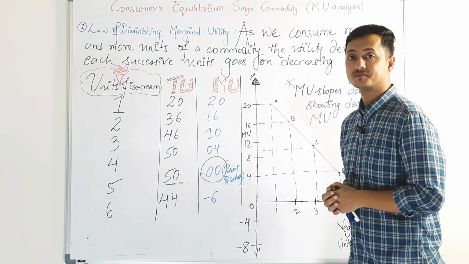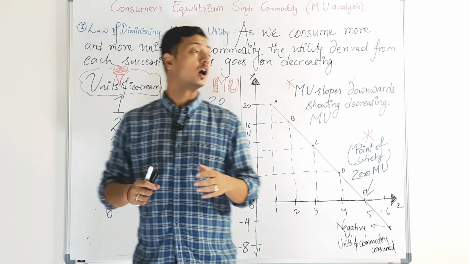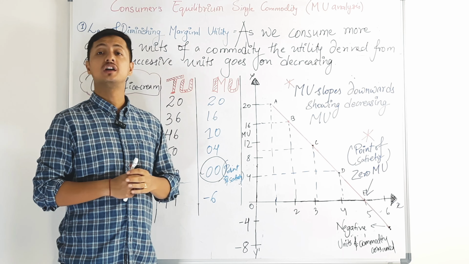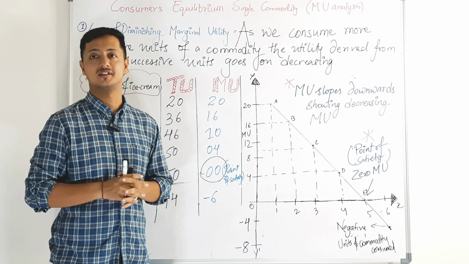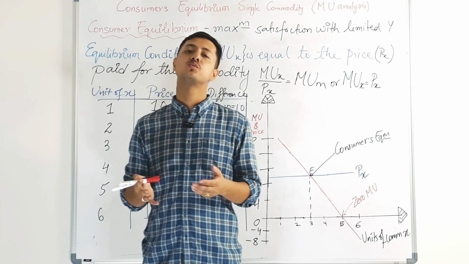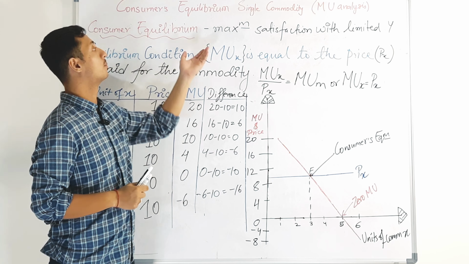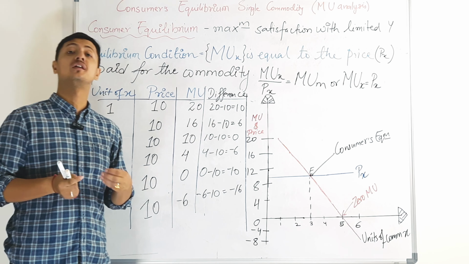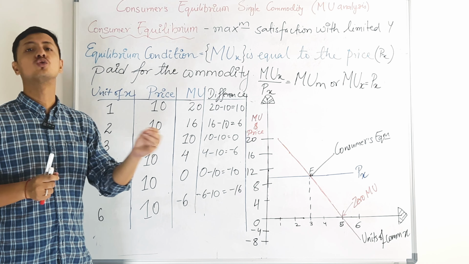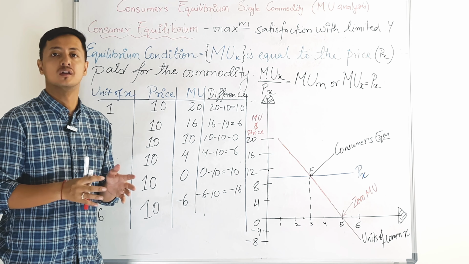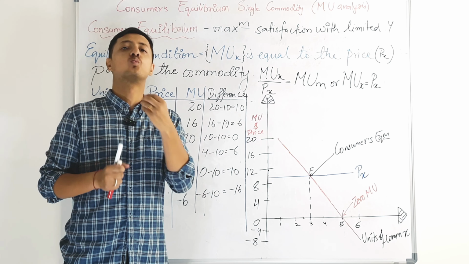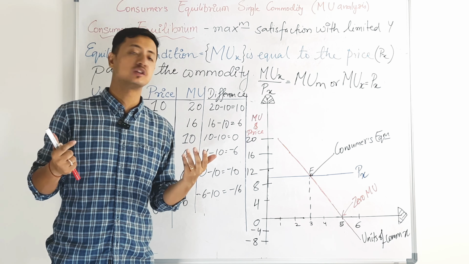Now we will understand consumer equilibrium through single commodity marginal utility analysis. As we know from the last class, consumer equilibrium is the maximum satisfaction that a consumer derives from limited income, where the consumer does not want to change his current level of expenditure because he is getting maximum satisfaction out of it.